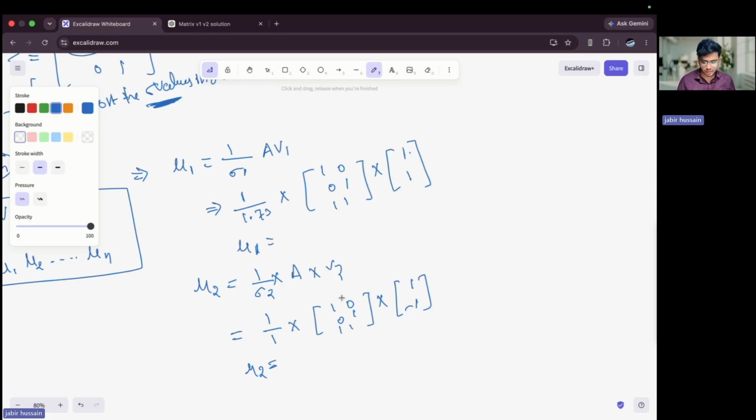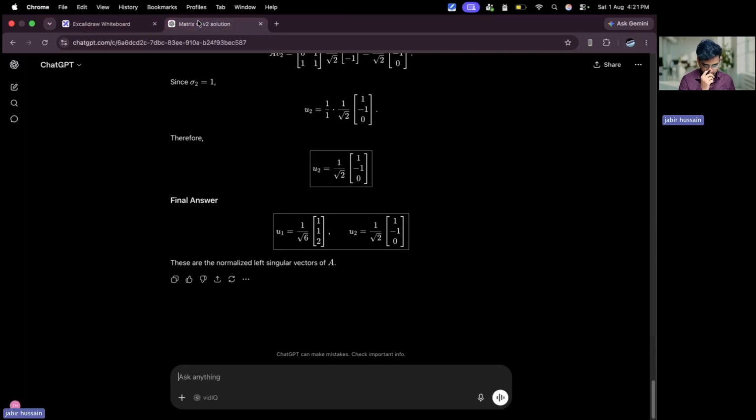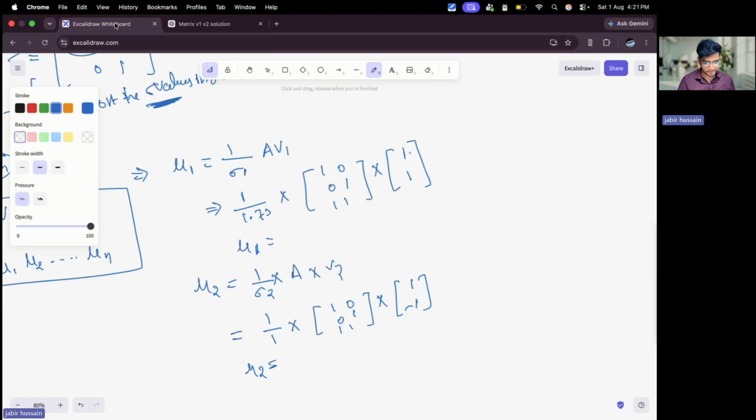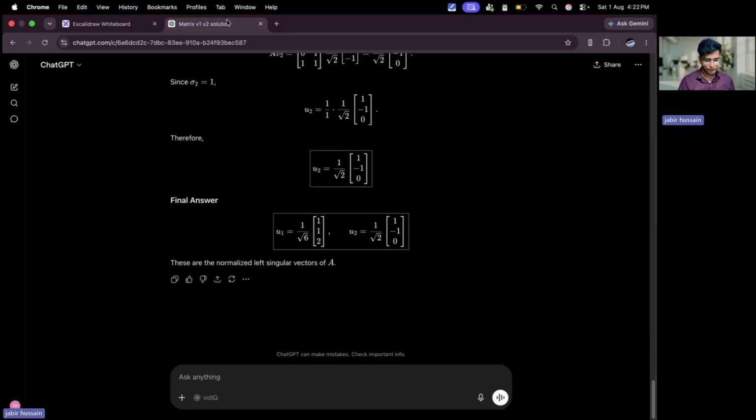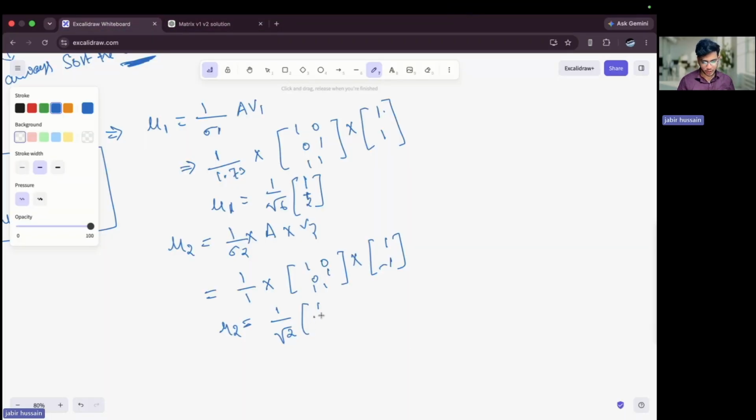So u1 is equal to 1 divided by root 6 times (1, 1, 2), and similarly u2 is 1 divided by root 2 multiplied by (1, minus 1, 0).